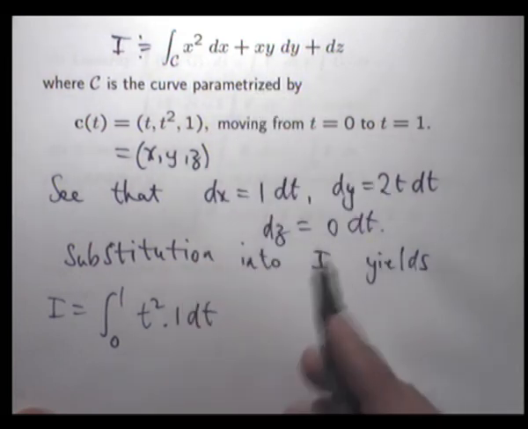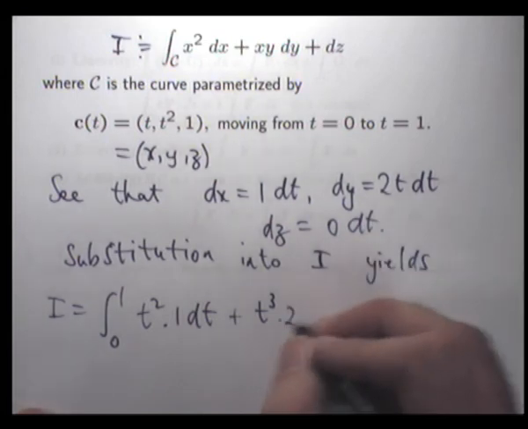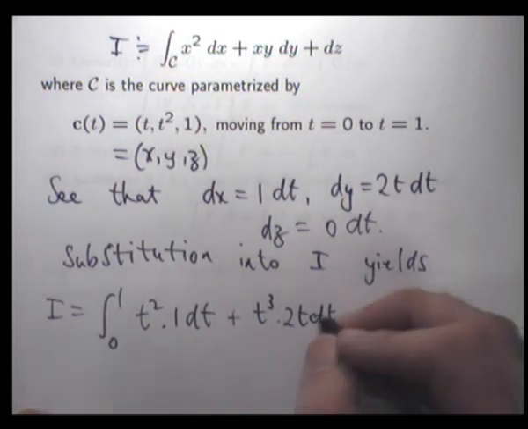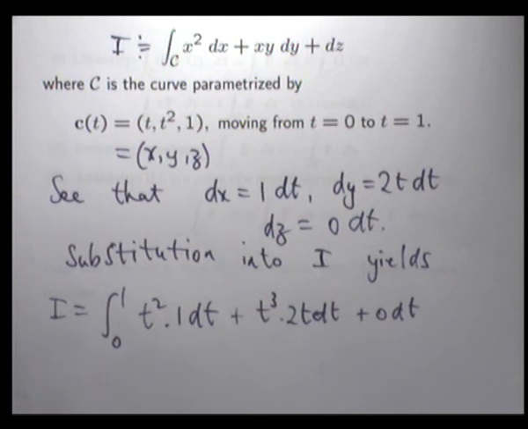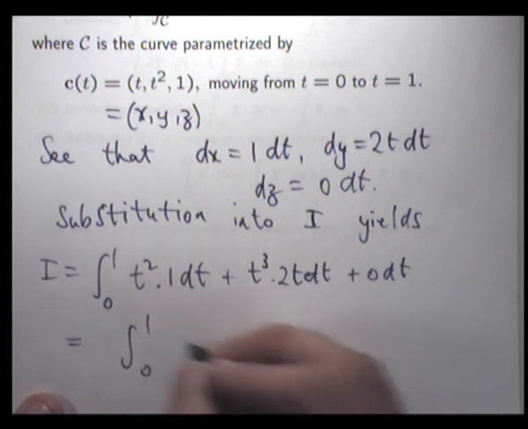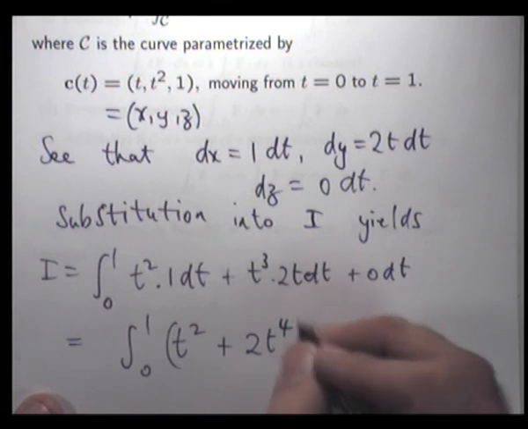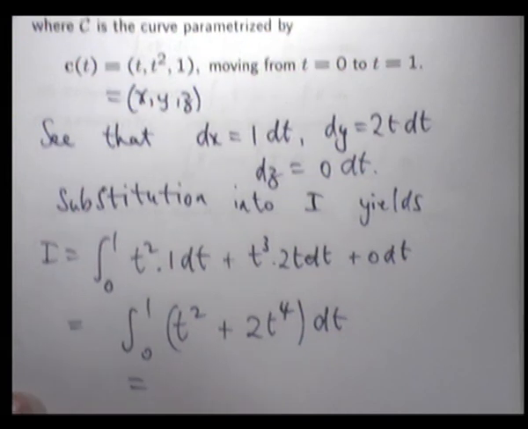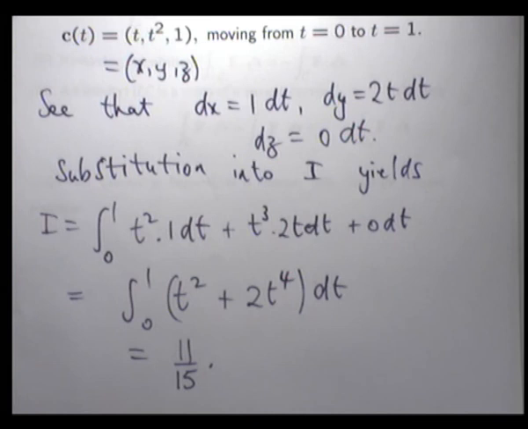Xy will become t cubed. Dy is 2t dt. And, well, dz is just going to be 0 on the end. So again, collect the dt's and form a simple integral. Okay, so if you integrate this, you should get 11/15 according to my calculations.